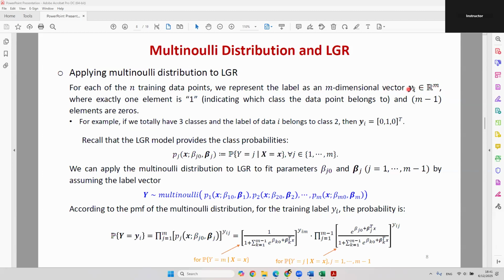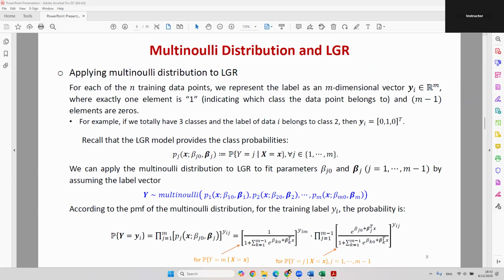Sorry, it should belong to the class of this one, two, up to m. So y should belong to this instead of R^m. Here's a typo; I'll correct it after this class.